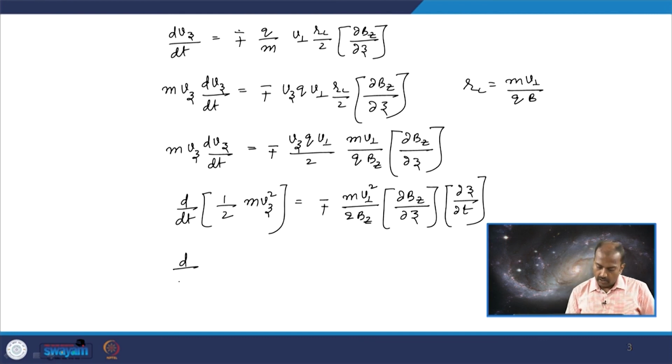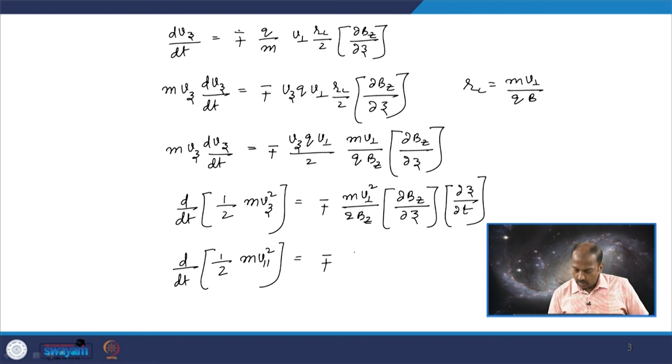So, d by dt of half m v parallel square is equal to minus plus m v perpendicular square divided by 2, which is W perpendicular, divided by Bz times dou Bz by dou t.